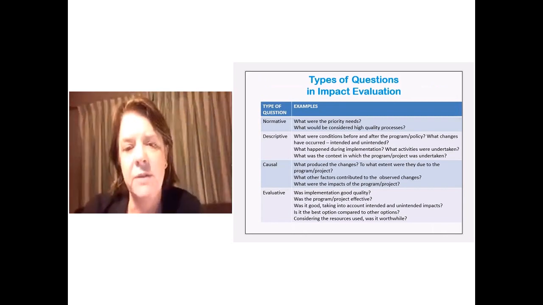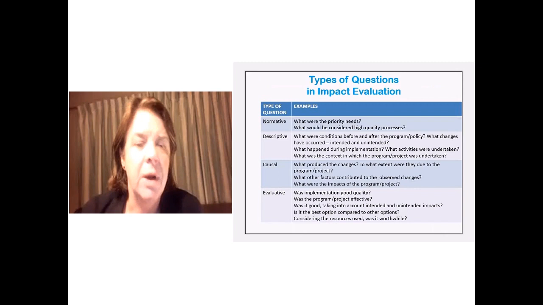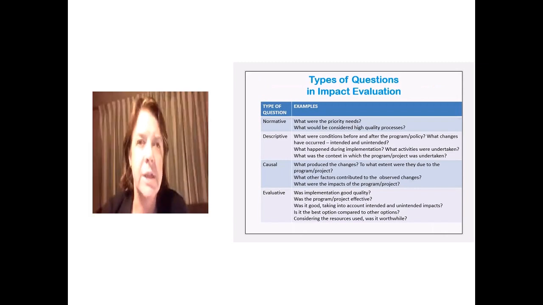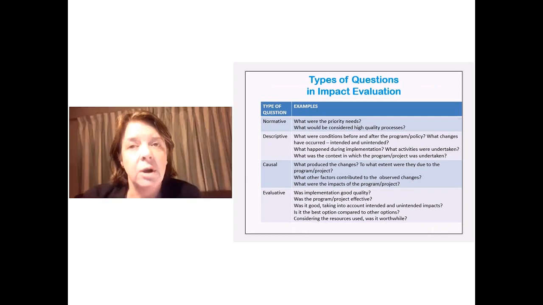So the first set are what we might call normative questions, about the way things ought to be. They're about the values that underpin the program and that should underpin the evaluation. So they might be values about what sort of impacts are desirable, what sort of processes are desirable, what sort of distribution of costs and benefits is desirable.